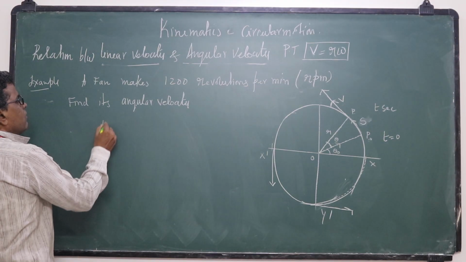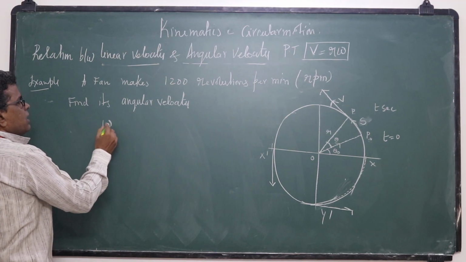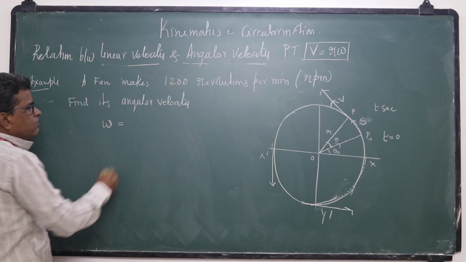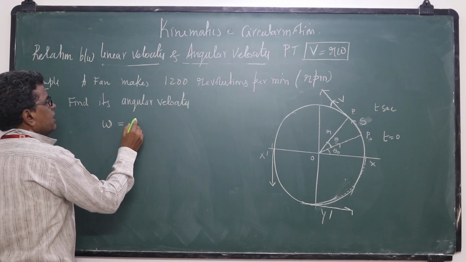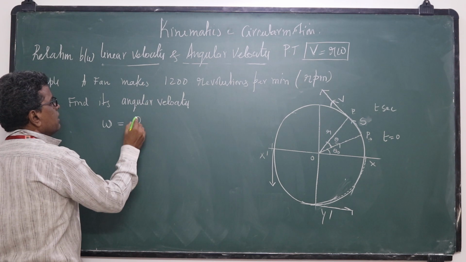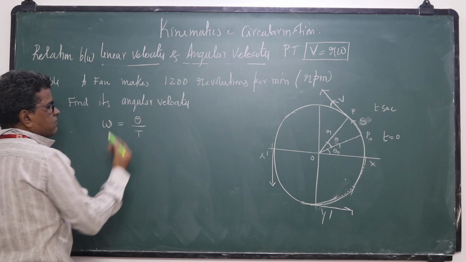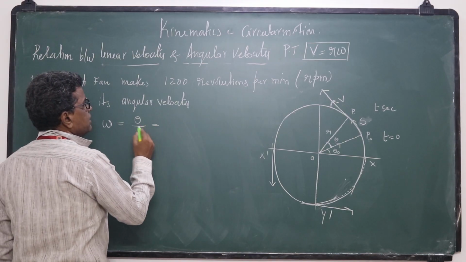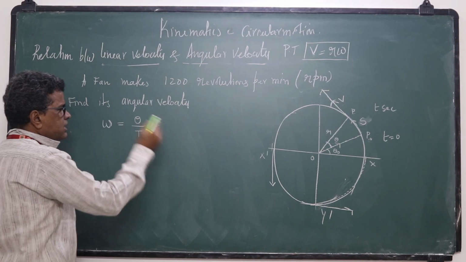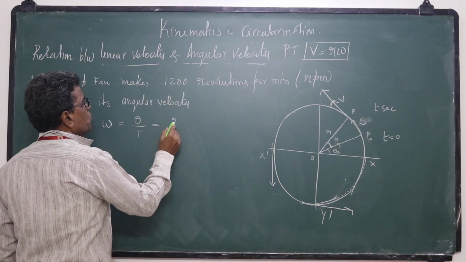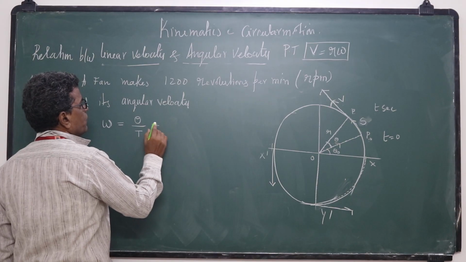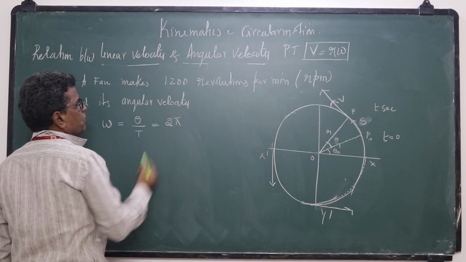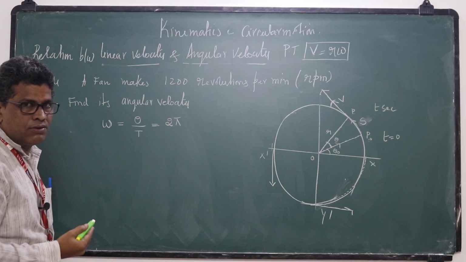This omega we can write as the angular velocity. Here I will write omega is equal to theta by t. I am using this formula. This can also be written as: theta is, for one rotation, how much? 2 pi radians for one rotation.